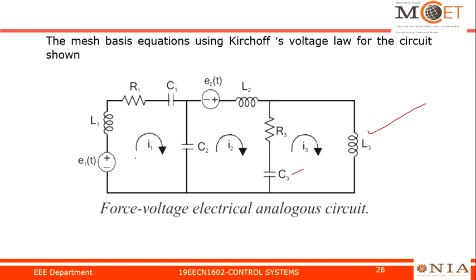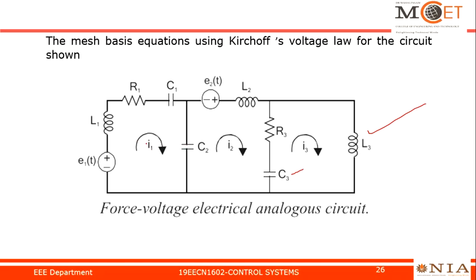In the second mesh we have L2, in the third mesh L3. Common to node 2 and node 3 there are two elements, between node 1 and node 2 one element, and apart from the mass in the first mesh we have two different elements. Like that we are making the electrical analogous circuit for the given system.